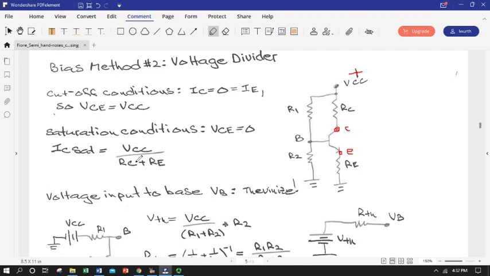So for that, we can write an expression. Saturation current is just our collector supply divided by the two biasing resistors, collector and emitter.